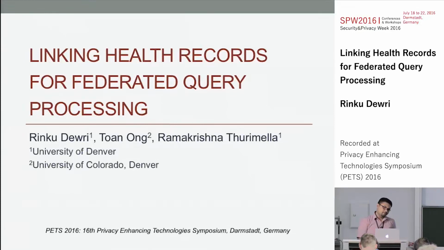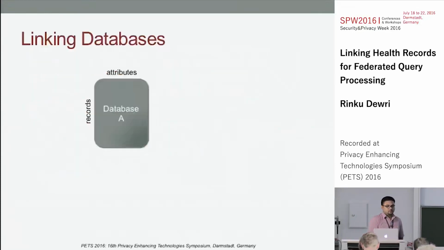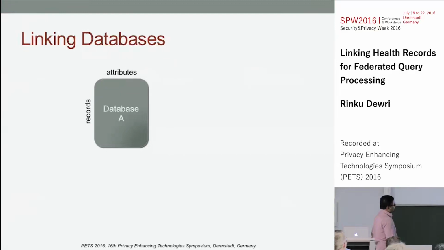I'm going to talk about linking health records. I'll dive into the problem of what it means to link databases in general. In our case, the database has a table form with records. Each record could be about one individual, and then you have fields or attributes.